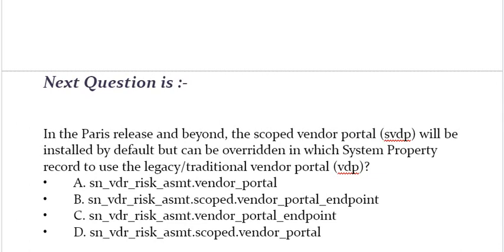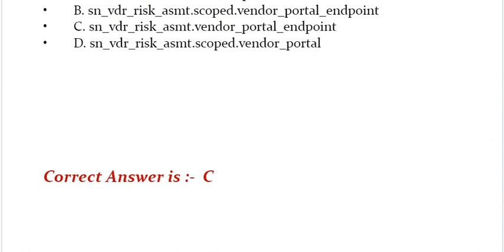Option B, sn_vdr_risk_asmt.scoped.vendor_portal_endpoint. Option C, sn_vdr_risk_asmt.vendor_portal_endpoint. Option D, sn_vdr_risk_asmt.scoped.vendor_portal. Correct answer is option C.